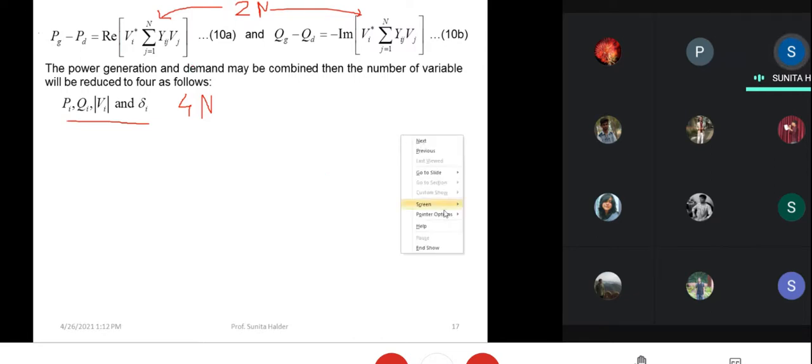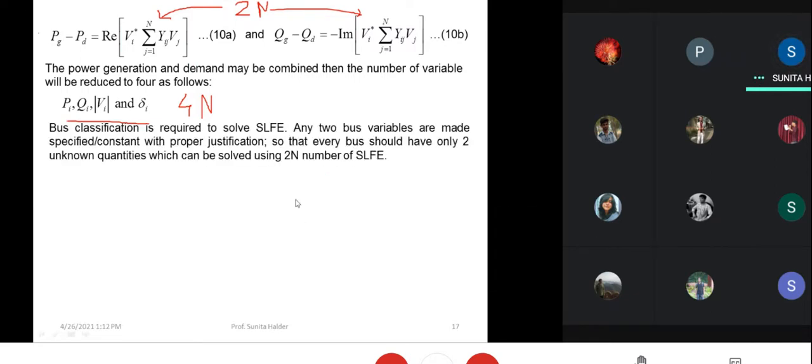Anyway, let me proceed. Bus classification is required to solve the SLFE. Two bus variables are made specified or constant with proper justification, as I have told for the generator bus. So every bus should have only 2 unknown quantities, which can be solved using 2n number of SLFEs. But that does not mean for every bus V and delta will be known.